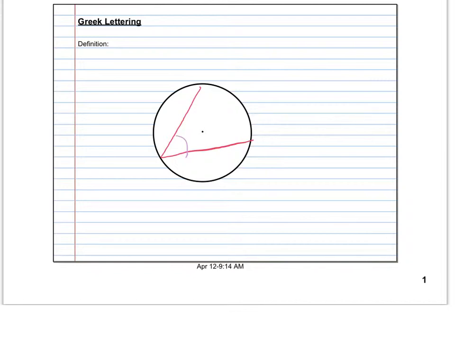So they might use psi, or theta, or beta. Any of these can be used to describe an unknown angle. So while you'll see X, Y, Z some, you will also see these Greek letters. So just a little refresher here before we move on.